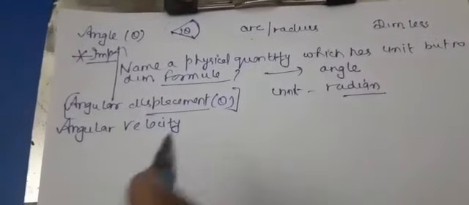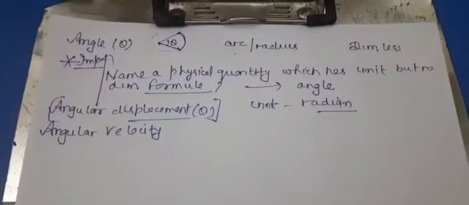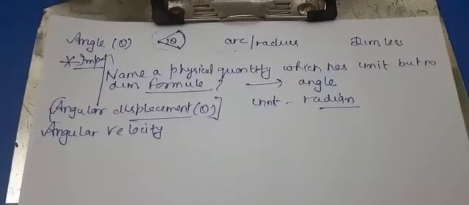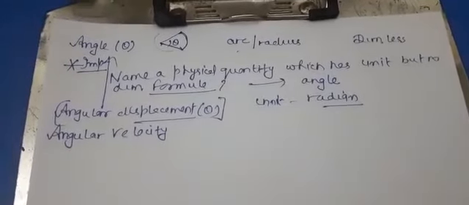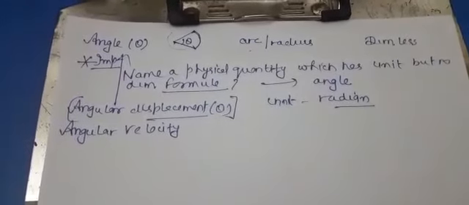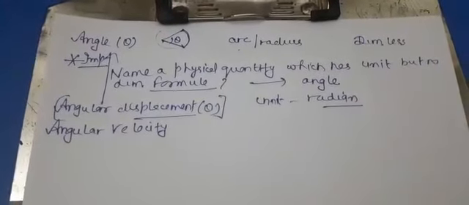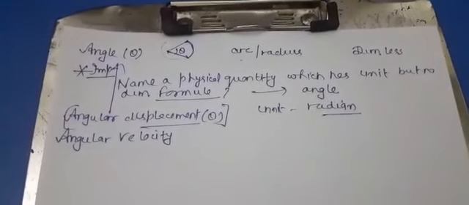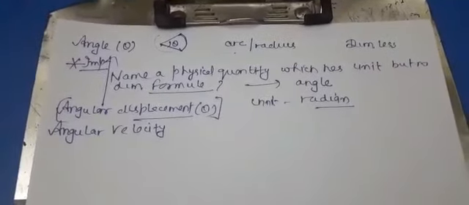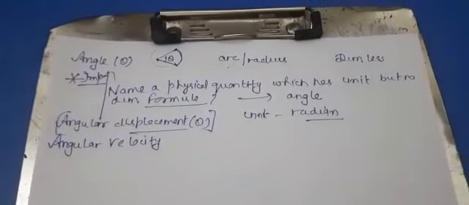Now angular velocity. See, now the terms which we are doing, slightly different task we are doing here, as we have done the concept of distance, length, velocity, acceleration, linear momentum and all. Here we will take all in terms of angular terms. See, all this concept arises when we study rotational motion.